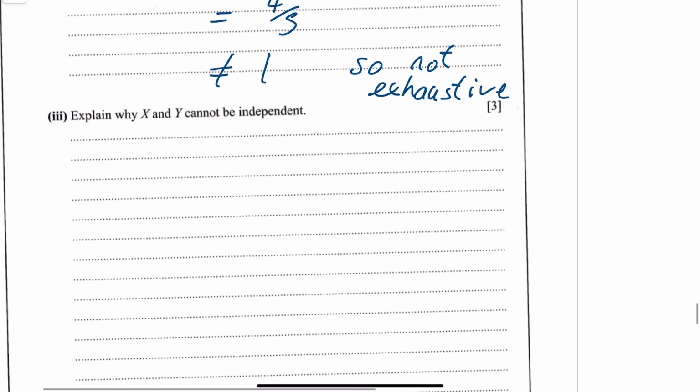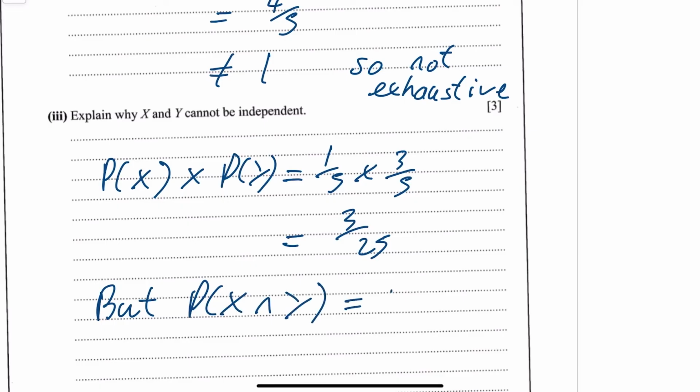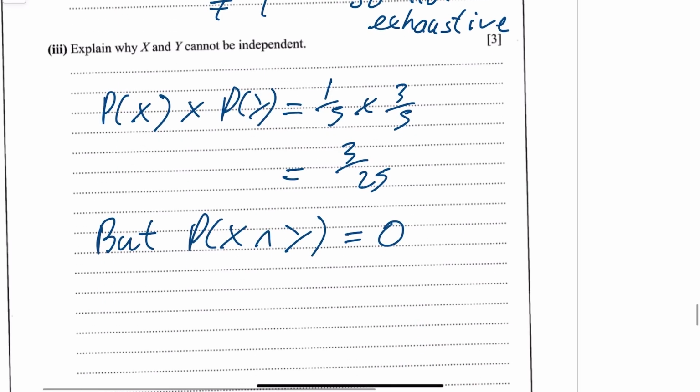And the last one, explain why X and Y cannot be independent. If two things are independent, then the probability of X and Y is equal to the probability of X times the probability of Y. So let's work out what that is. It would be 1 over 5 times 3 over 5, which would be 3 over 25. But we know that they were told they were mutually exclusive, so X and Y cannot happen at the same time.